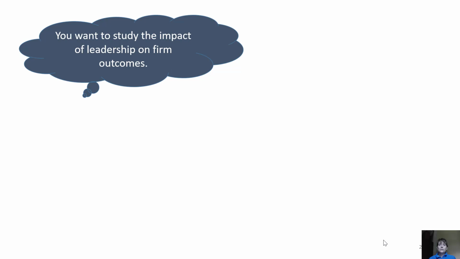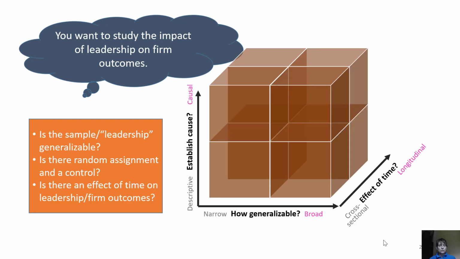So then we might want to evaluate the impact of leadership on firm outcomes. And how would we do that using the research cube? We would want to evaluate whether the sample we have is generalizable across a large population. Is there random assignment and a control? And then last, is there an effective time that we are interested in studying?